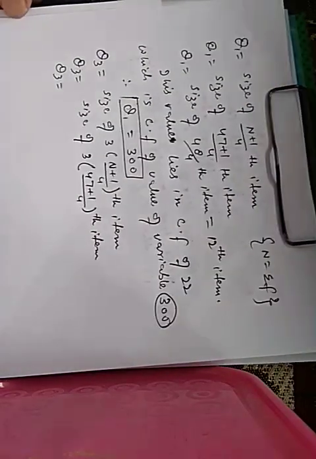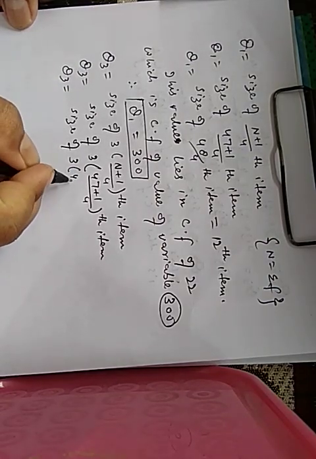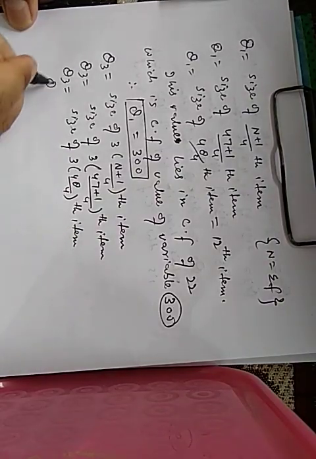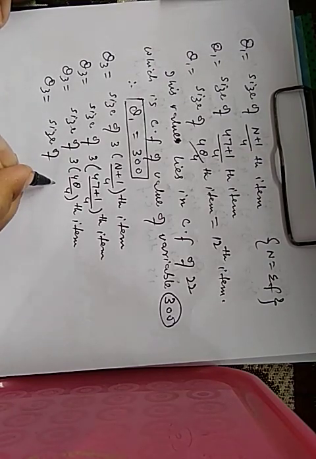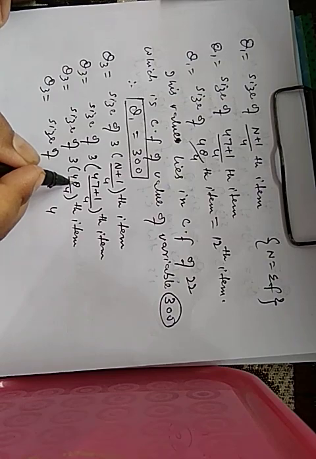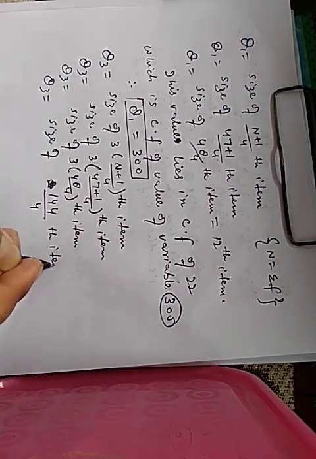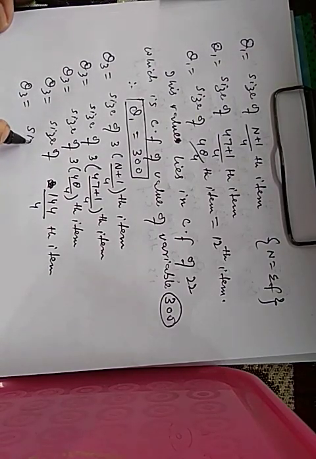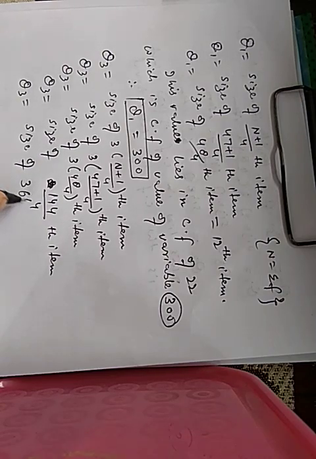It will be equal to size of 3 multiplied by 48 divided by 4th item, which is 144 divided by 4th item. It will be equal to the 36th item.